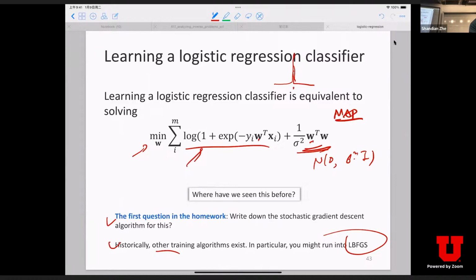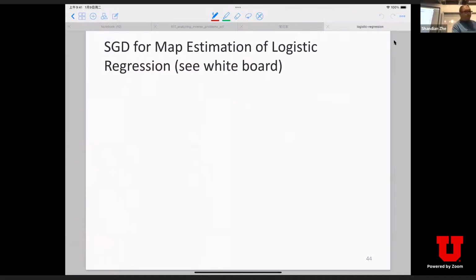In case you want to implement SGD for MAP estimation of logistic regression, I will just write down the algorithm framework, but deriving the gradient should be your job. It's very similar to the SGD framework we have done before.